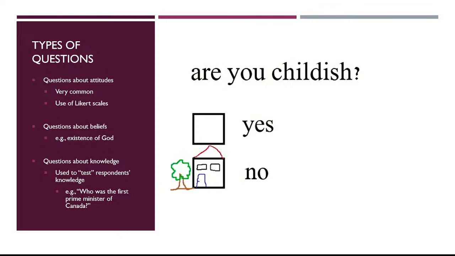Attitudes are easy to ask about, and so we'll see a lot of attitude questions. The reason it works really well is that people know what their own attitudes are. So it's very easy to get people to state their attitude, as opposed to factual knowledge about events they might not have a great sense of, like which person shot JFK.